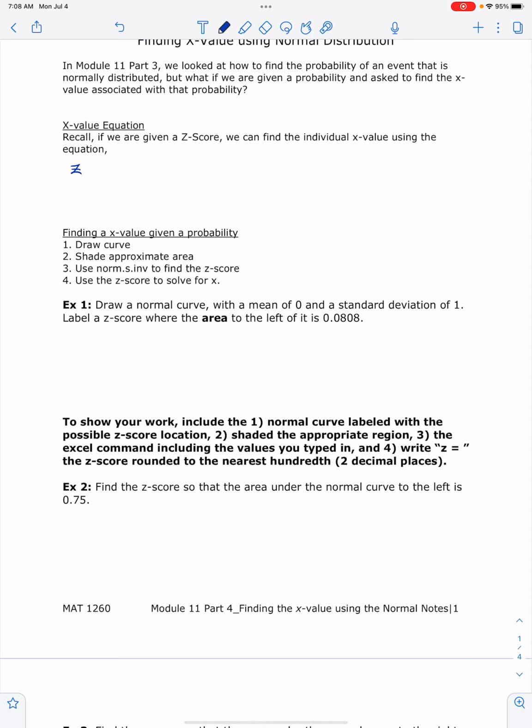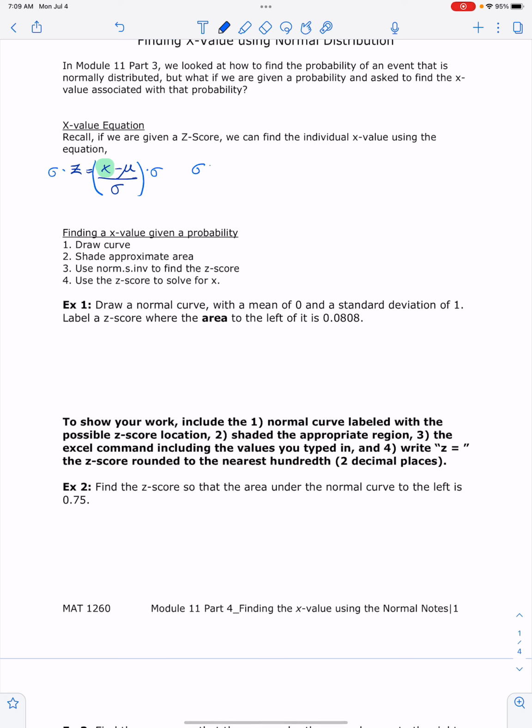Here's my equation for finding the z-score. I had z equals x minus the mean all over the standard deviation. We want to solve for x, which means I need to get x by itself. I'm going to start by getting rid of the denominator. I'm going to multiply both sides by sigma.